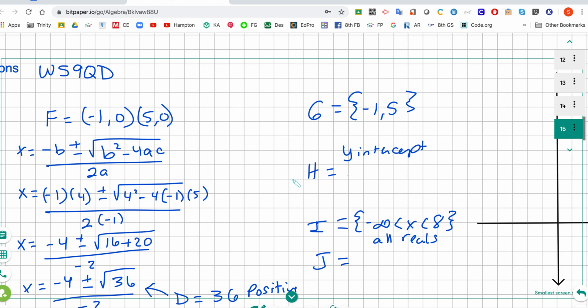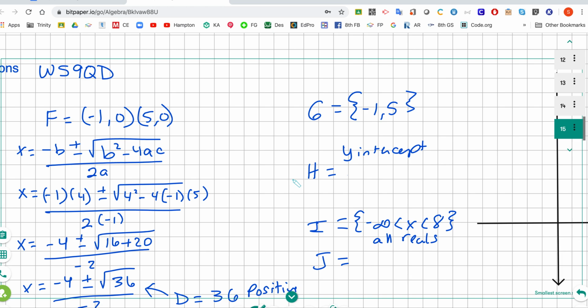So y is equal to -1 times 0 squared plus 4 times 0 plus 5. So that's going to give me 0. Nope, sorry, y is equal to 5. So my y-intercept is going to be 0, 5.